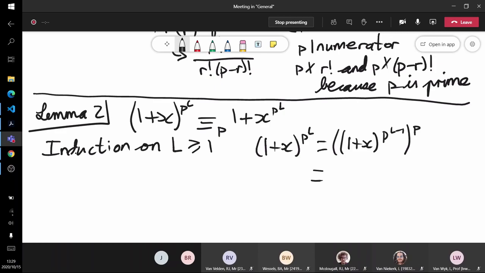So using the induction step, I've changed my mind. I guess we're actually going to do this induction sort of formally. The inside polynomial is just (1 + x)^(p^(L-1)), and that again to the power of p, and that's by the inductive hypothesis.